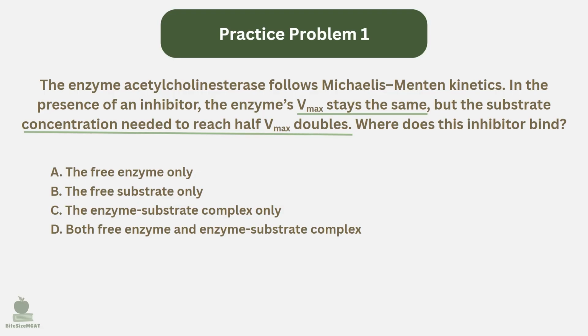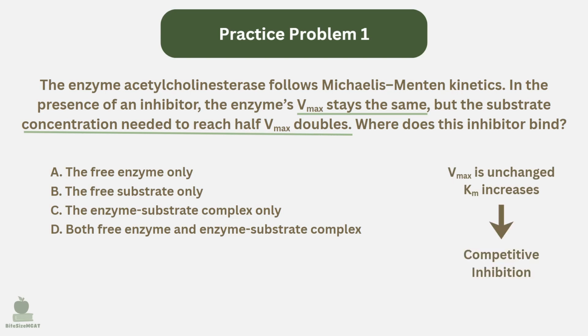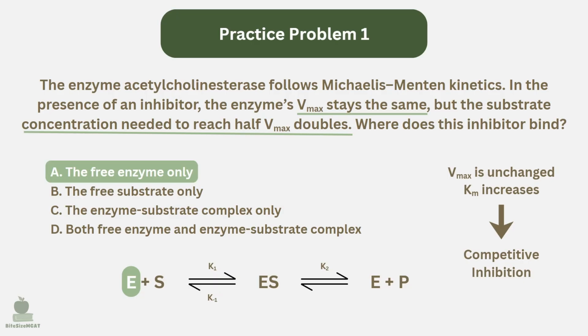Well, the two things, Vmax being unchanged and Km increasing, means that this is competitive inhibition. Okay, great. So now let's think about where a competitive inhibitor binds to. A competitive inhibitor binds at the active site, which is only found where? Yeah, on the free enzyme that's not being bound up. So the answer here is A, the free enzyme only.